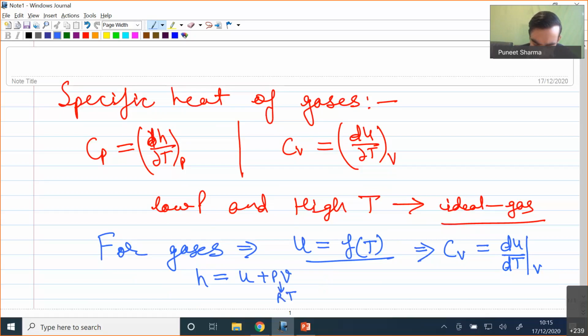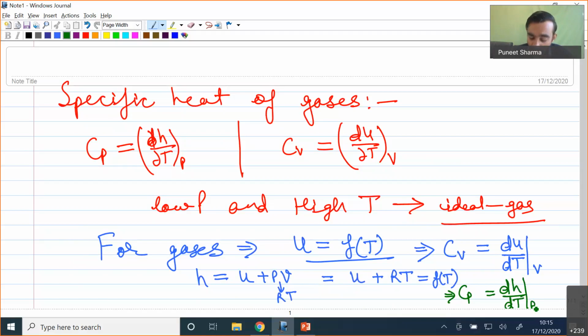So if I write H equal to U plus RT, enthalpy is also becoming a sole function of temperature. So I can also write that Cp for a gas is equal to dH by dt at constant pressure.